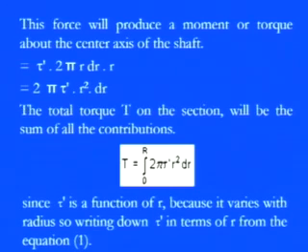So this is equal to tau dash into 2 pi r dr. Tau dash is the shear stress and 2 pi r dr is the area. Tau dash into area is the force, and force into radius is the moment. So tau dash 2 pi r dr into r gives the opposing torque, and the moment or torque is exactly equal to 2 pi tau dash r square dr.